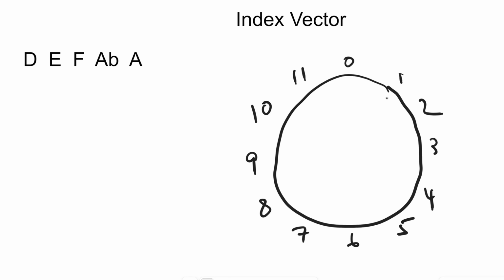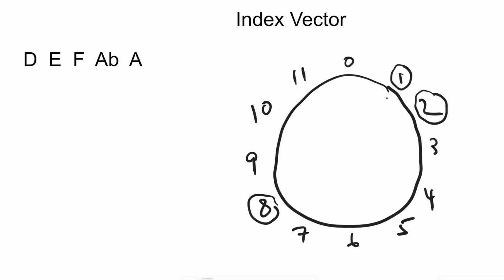I'll just pick 3 notes, and then we'll examine how they behave under inversion. So I'll choose a C sharp, that would be a 1, a D, which would be a 2, and an A flat, which would be 8.